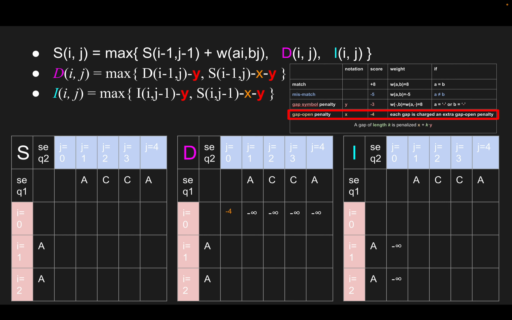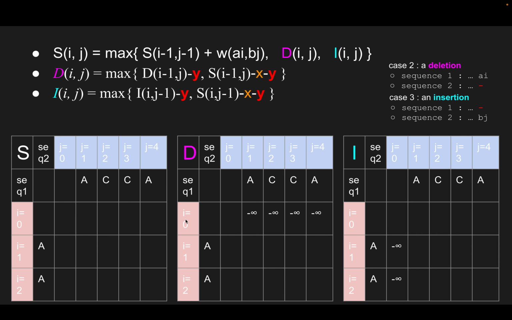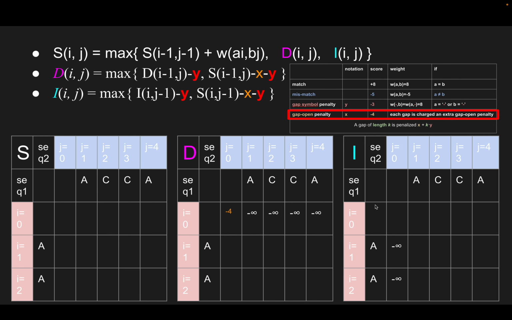Let's see. After initializing I equals 0 and j equals 0 for both D and I respectively, we start filling up the remaining entries. For I equals 0, meaning there's no entry here, and j equals 0 also means that there is no entry for sequence 2.